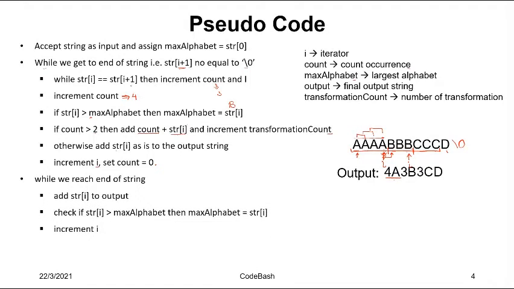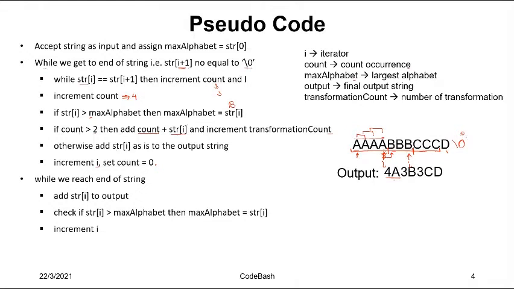Now remember how we said that we had str of I plus 1 not equal to slash 0. Basically why this was done is because over here we are checking if str of I is equal to str of I plus 1. So if we have our I over here, we do not have anything over here to check it with, so that might throw an exception or error.